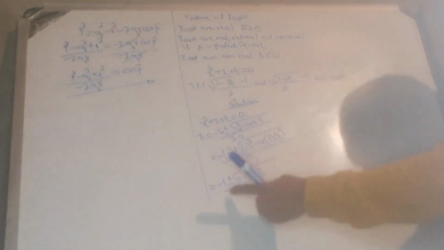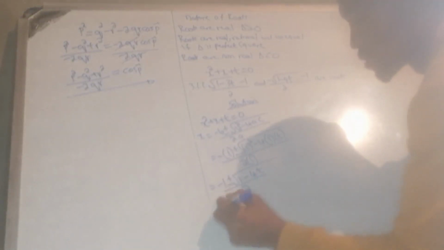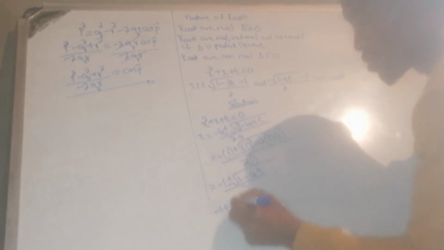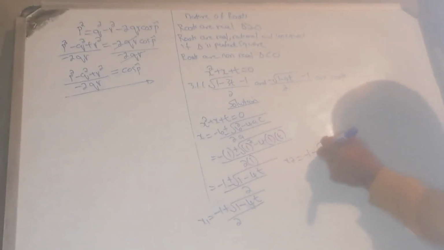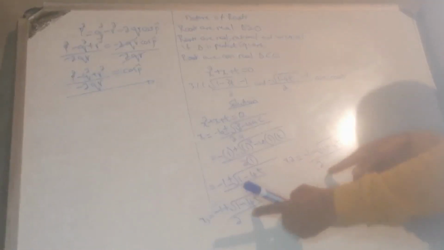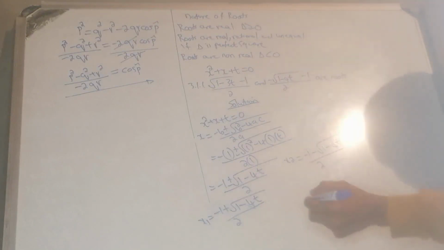The first value of x is minus 1 plus the square root of 1 minus 4t all over 2, and the second value of x is minus 1 minus the square root of 1 minus 4t over 2. I can rewrite this the way they have written it here. They took this number to the other side.